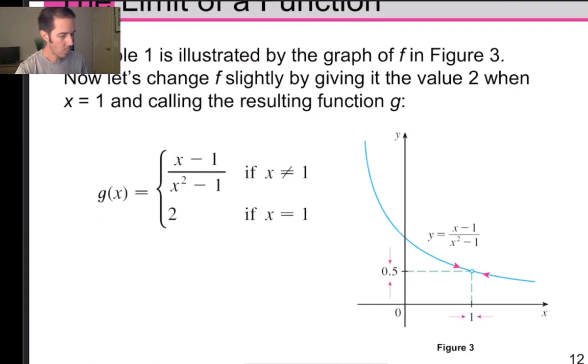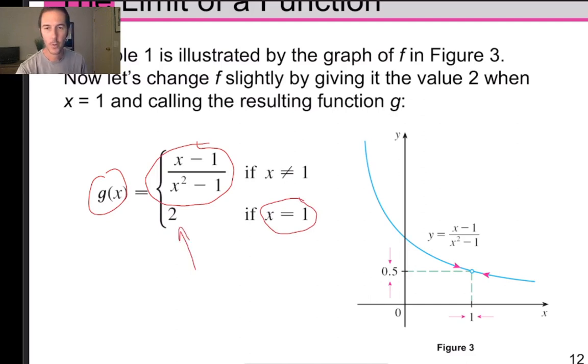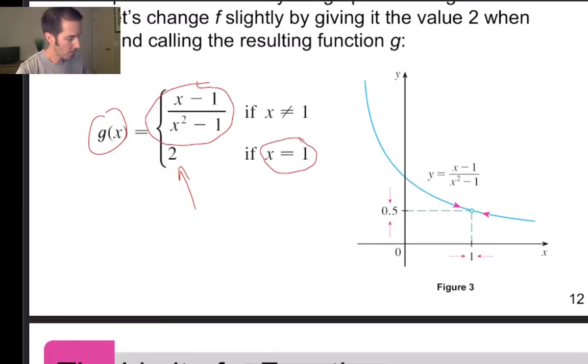So example number 1, here we have the same function we were just talking about on the previous slide. That function is not defined when x equals positive 1 because of that 0 over 0 thing that I mentioned. So this piecewise function g is saying, let's define it. When x does equal 1, let's say the corresponding y value is 2.